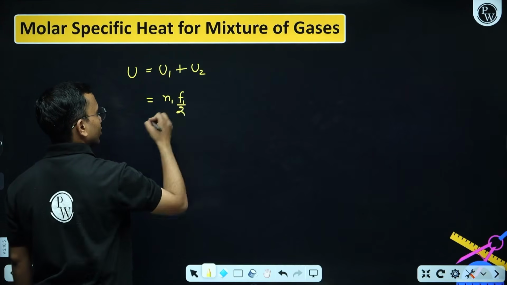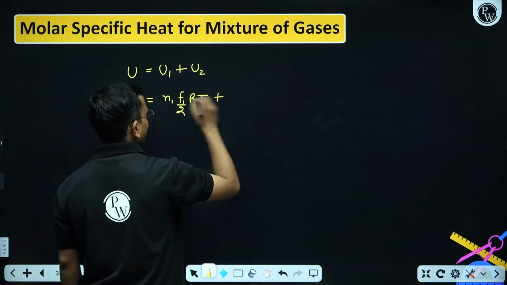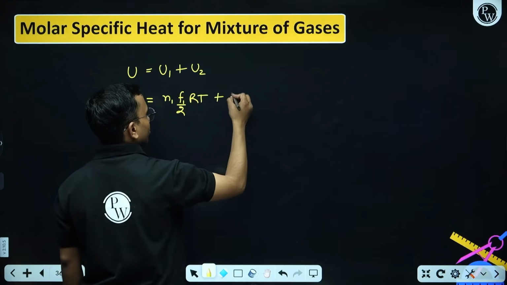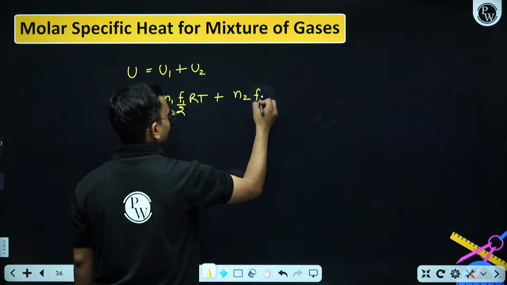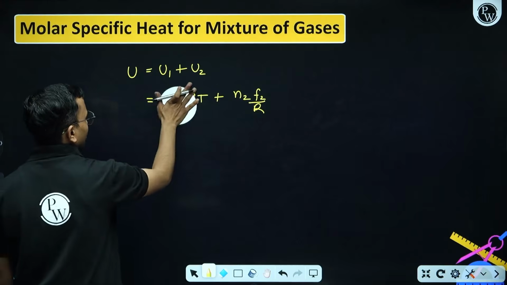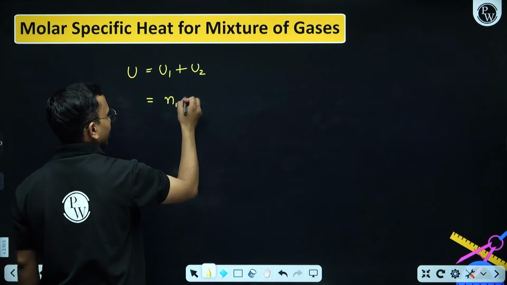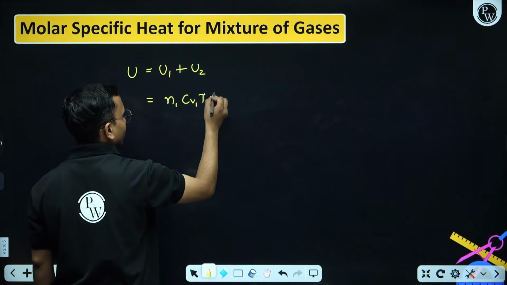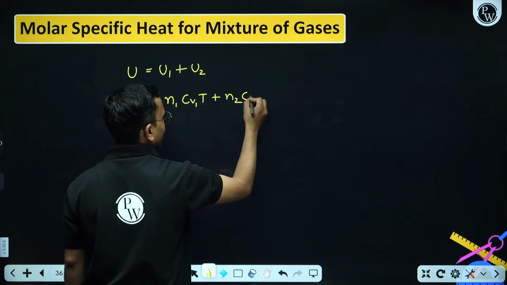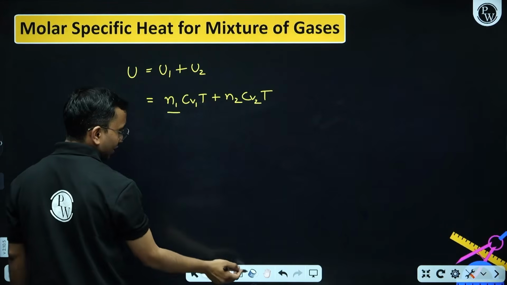Let us take degree of freedom is F1 for this, into R, temperature is T, plus, temperature is the same in a mixture, N2 into F2 by 2R. Okay, let me write in terms of Cv. So N1 into Cv1 into T plus N2 into Cv2 into T. Okay, this is my total internal energy.